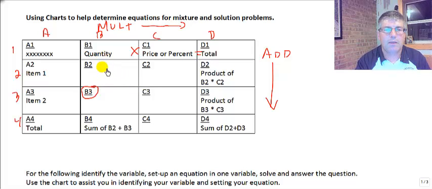So if we have something in B2 and something in C2, we multiply those together, and that will be what goes in cell D2. Same thing, B3 times C3 will equal what goes in cell D3. And it may be the same here in D4. This is a little different because we can add down and get this, but we can also multiply across and get what's in D4.